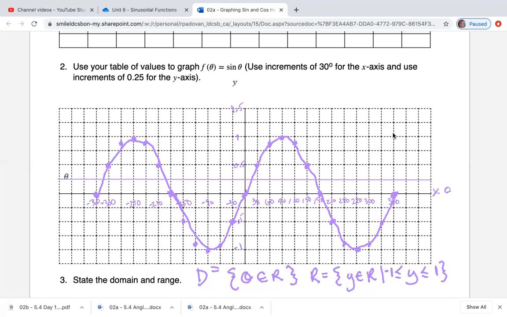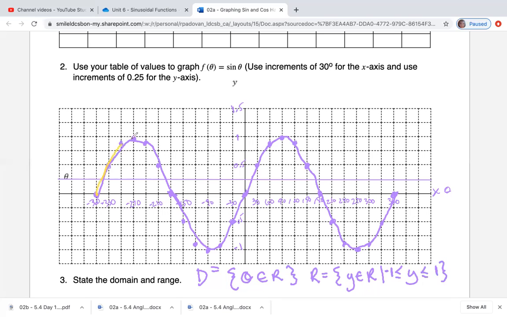So down below that, it says highlight one cycle. So again, one cycle would be like one period. So if I want to highlight one cycle, let's make it yellow, and make it thick again. Let's say we start here, right?